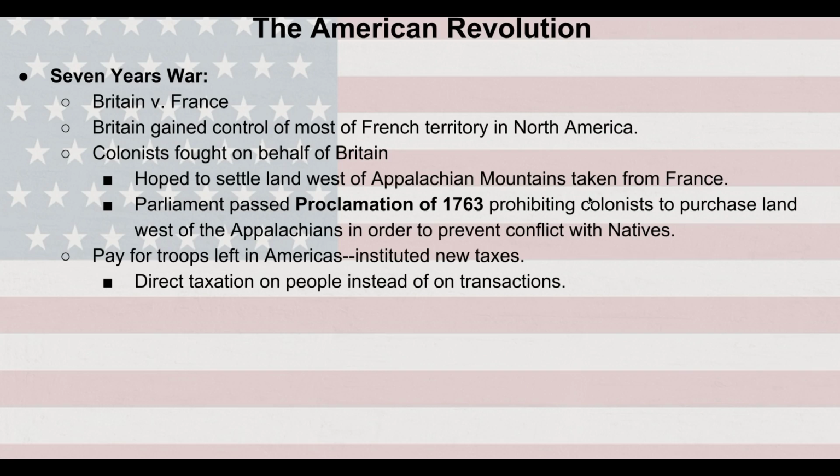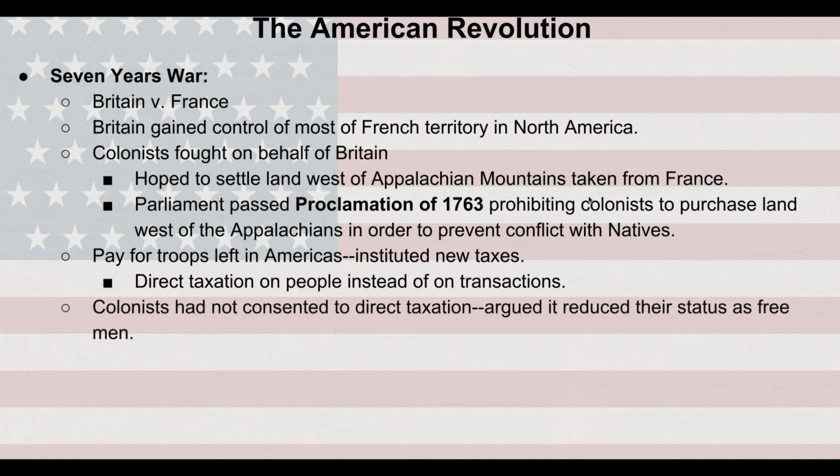Typically, taxation is going to occur on transactions performed. And so when a transaction occurs between one individual and another, then it will be taxed. But now the British are trying to find a method to pay for the costly war and for the troops living in the colonies, and so they're going to institute some direct taxes.